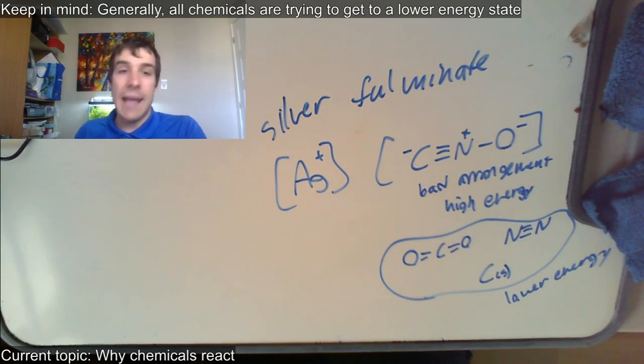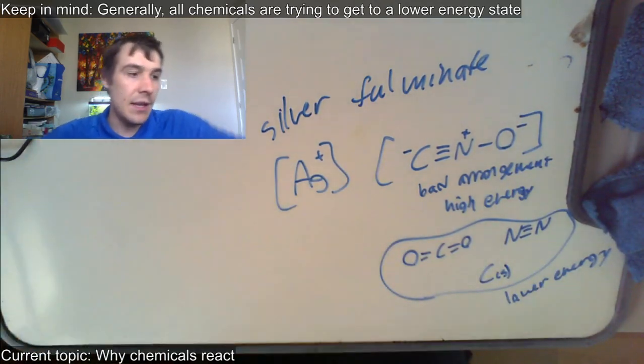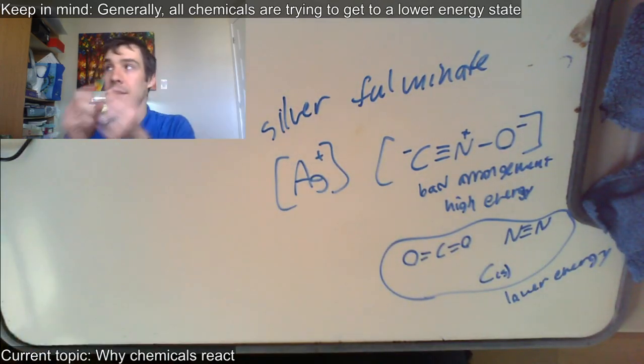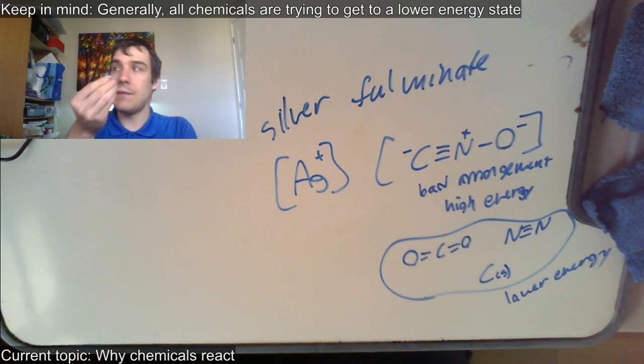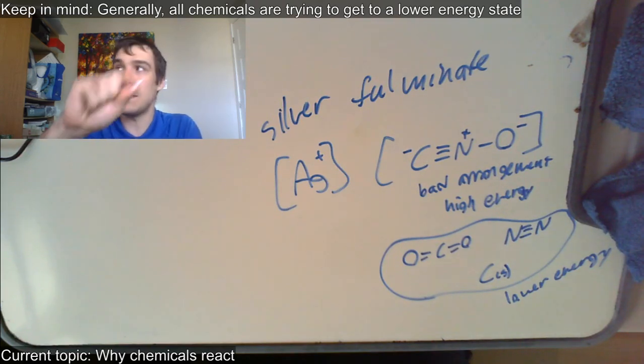So this is where the reaction comes from. This stuff is currently in that state, but if we give it a little bit of energy to break those first bonds, it can start rearranging into a lower energy state. So this thing will spontaneously react.